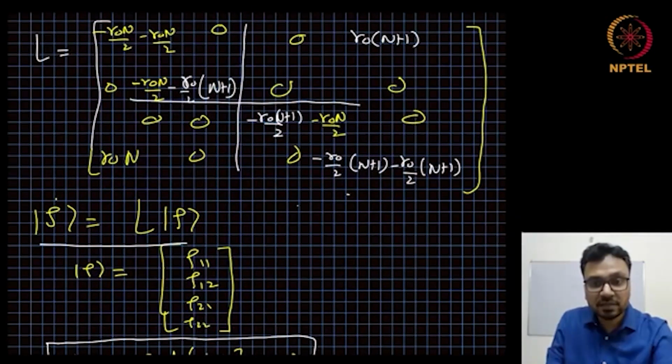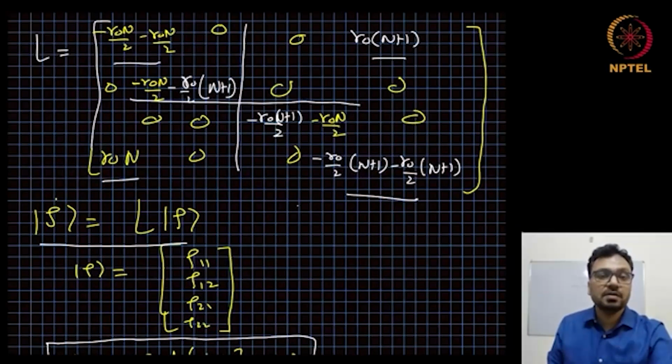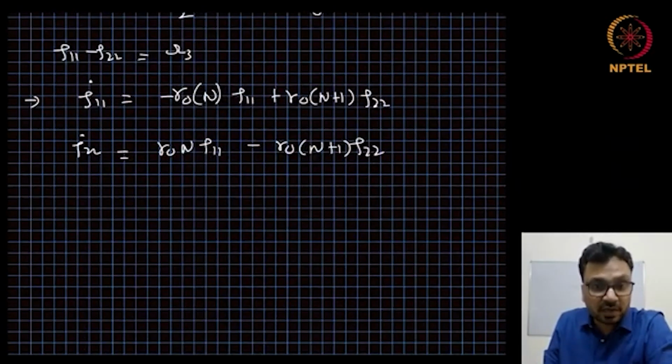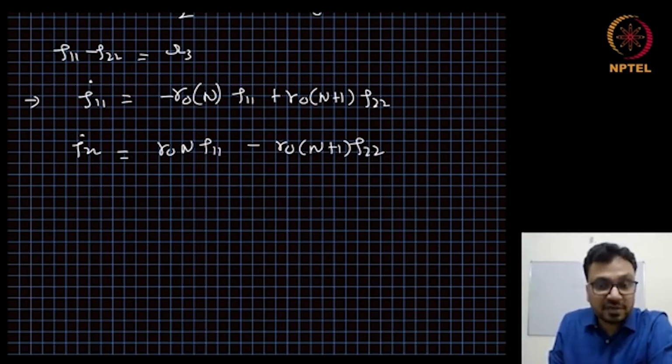So from here we can see that rho 1 1 dot and rho 2 2 dot are closed. So rho 1 1 and rho 2 2 are written in terms of rho 1 1 and rho 2 2.